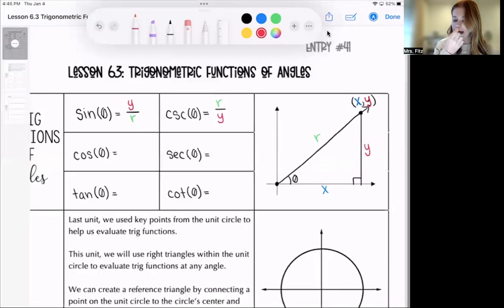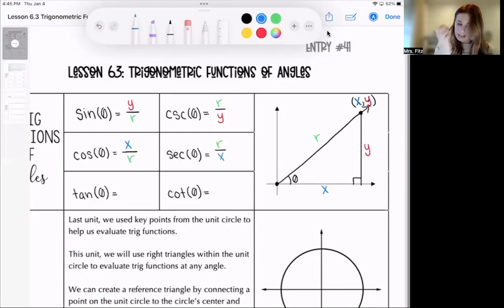We're just defining the horizontal leg as x, the vertical leg as y, and the hypotenuse as r. Cosine is adjacent over hypotenuse. So the adjacent leg is x over our hypotenuse, which is r. And then secant is just the reciprocal, so it would be r over x.